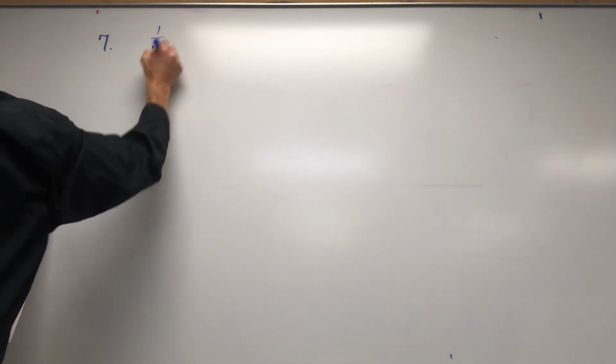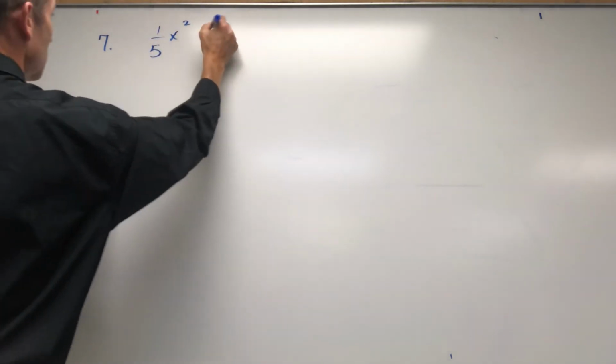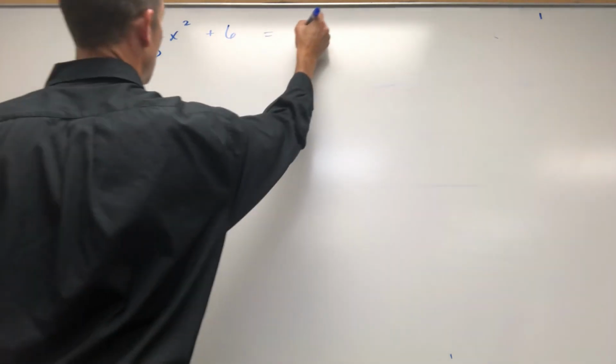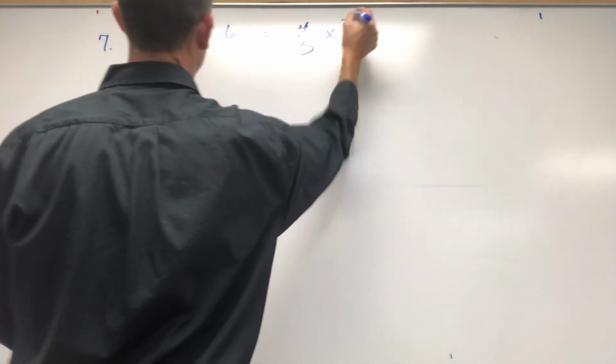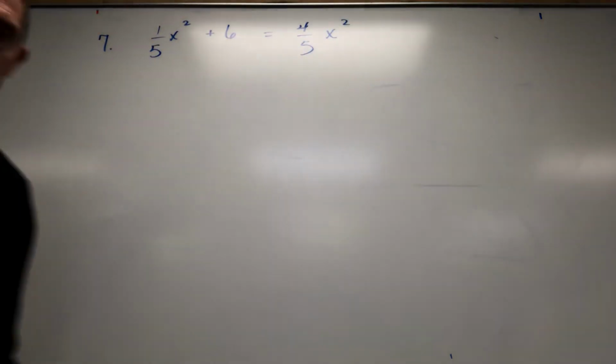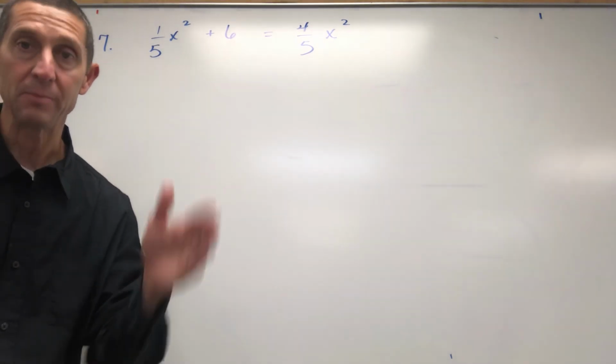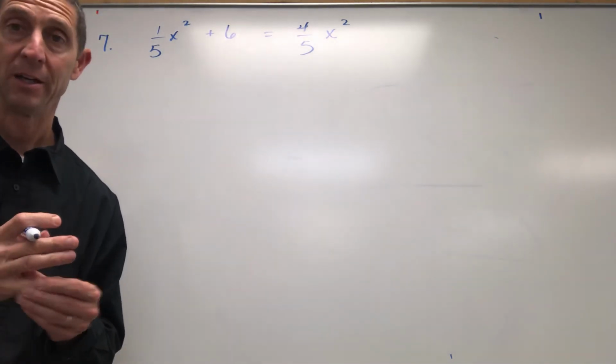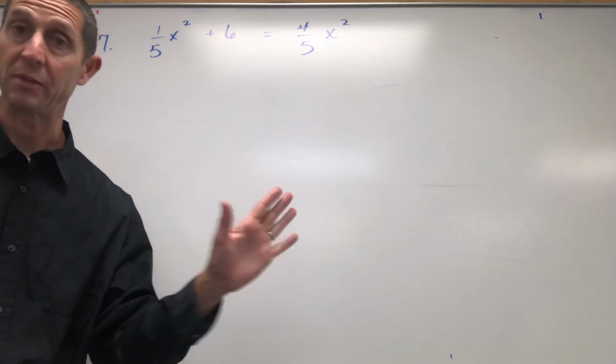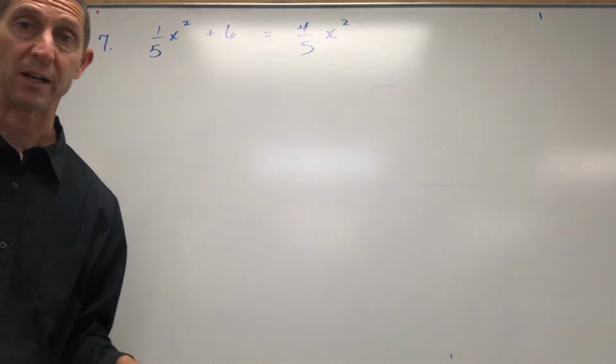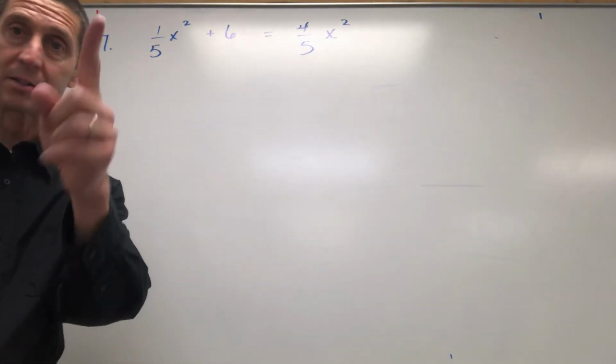So 1/5 x squared plus 6 is equal to 4/5 x squared. So you have these 5s on the bottom, and you do not want 5s on the bottom. There's a cool math move to say, okay, if they divided by 5, I'll multiply by 5 all the way across, and let's get rid of it.